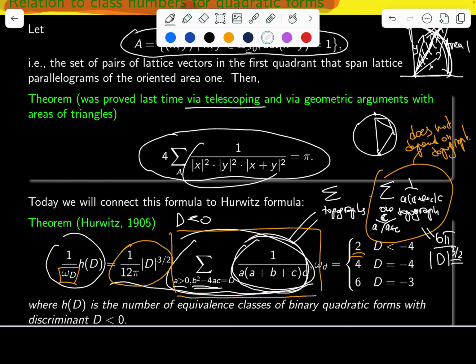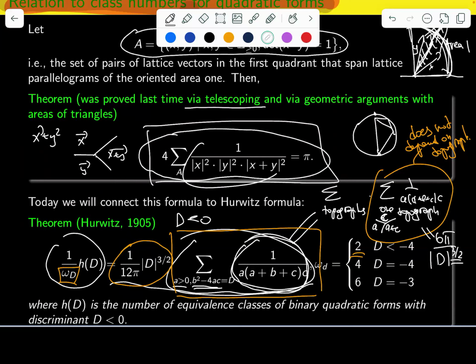Now, how is it all connected to the formula above here? Well, because that's exactly what happens for the form x squared plus y squared. Right? If your form is just the square of the length of the vector, then when you apply it to every vertex of the topograph, so here you have a vector x, vector y, vector x plus y, you just apply this form.